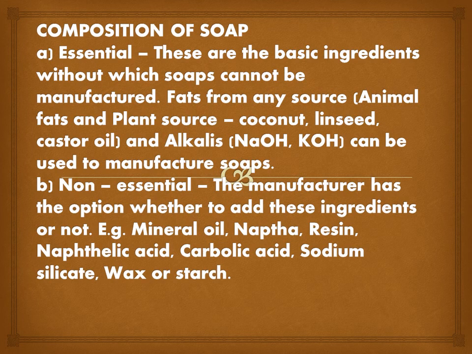So fats from any source, animal or plant source. Plant source, it might be coconut, linseed, castor oil, and alkalis like sodium hydroxide, potassium hydroxide are used to manufacture soaps. The non-essential parts are the options which are added by the manufacturer like mineral oil, naphtha, resin, naphthelic acid, carbolic acid, sodium silicate, wax or starch.